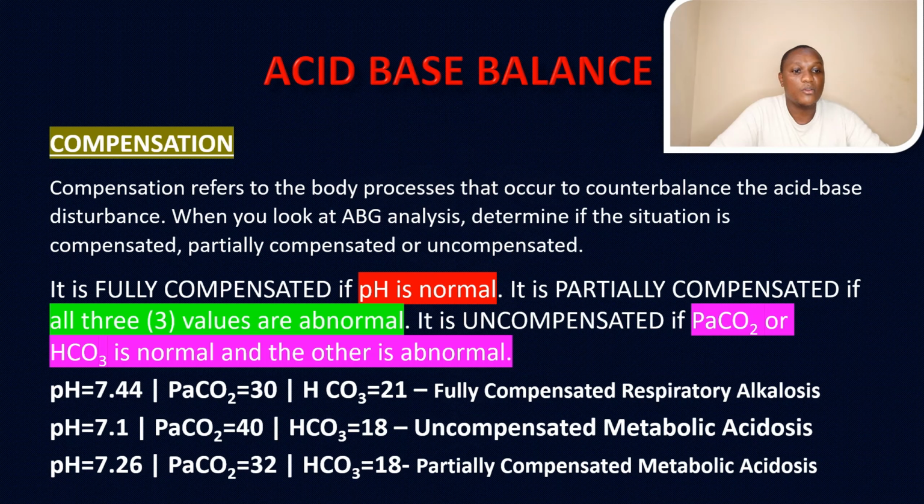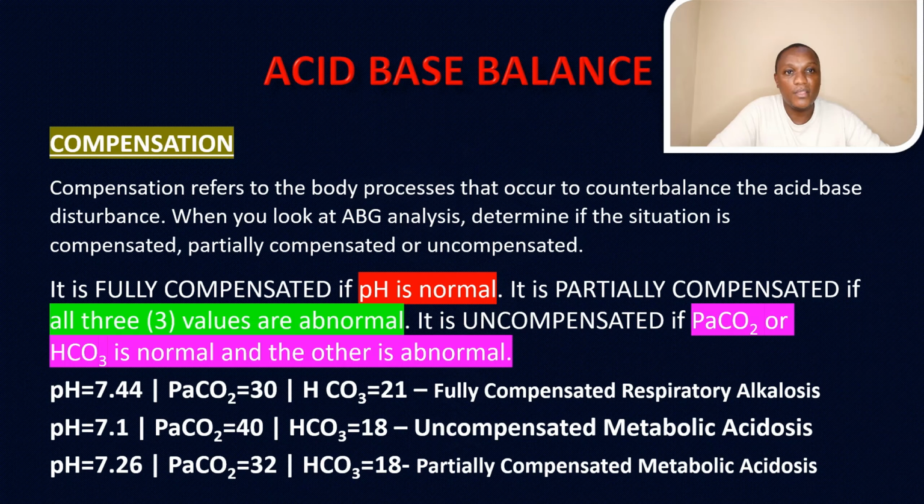Because in an uncompensated case, the partial carbon dioxide is within the normal range, and the bicarbonate, as you can see, at 18 is low, but also the pH is abnormal. So that is uncompensated metabolic acidosis. Partially compensated metabolic acidosis, you need to look at all the values, the pH, partial carbon dioxide, and bicarbonate.